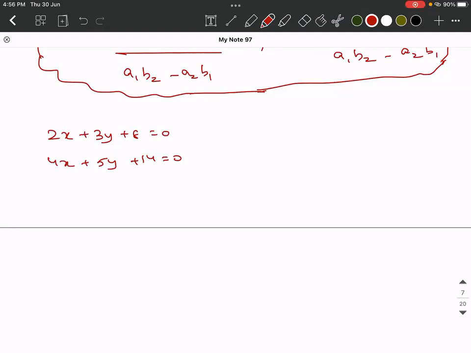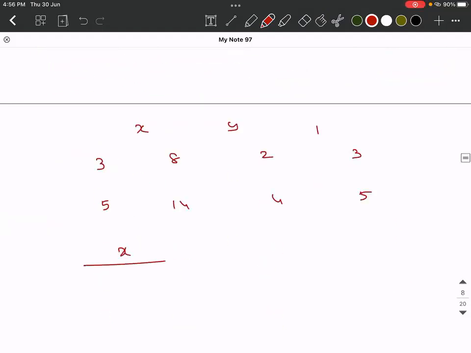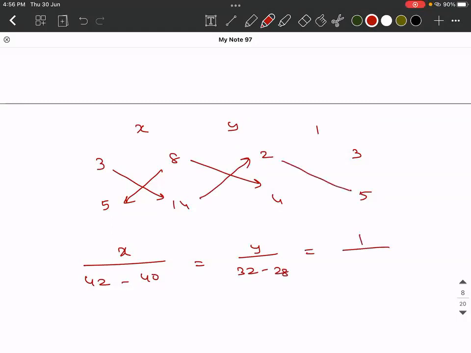Method is same. 3, 5, 8, 14, 2, 4, 3, 5, x, y, 1. So x divided by, what are we supposed to do? 3 into 14, 42 minus 8 into 5, that is 40, is equal to y divided by 8 into 4, 32 minus 14 into 2, 28, is equal to 1 divided by 10 minus 12.